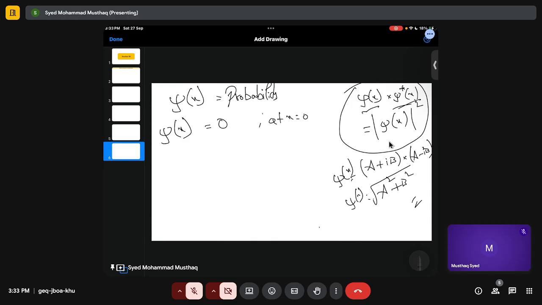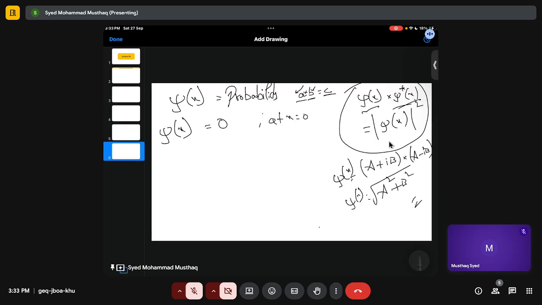Right? So you know the relation, right? If A times B equals C, and if C is 0, either A or B is 0, and we know B is the complex conjugate of A, then if B is 0, then A is also 0. So that's why our psi of x is 0 at x equals 0. And we know what is my psi of x?